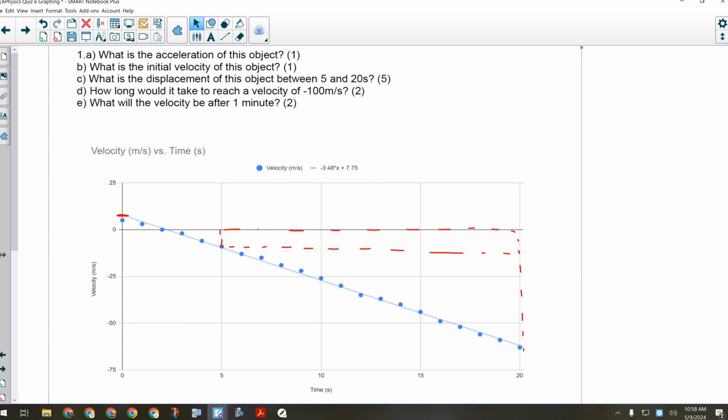All right, so I've got to calculate the value of the line, not the point, at 5 seconds. That's the same calculation we did before. We're going to go y equals negative 3.48 times 5 seconds plus 7.75.